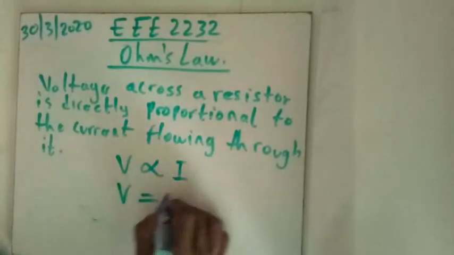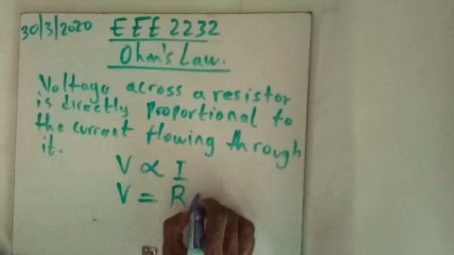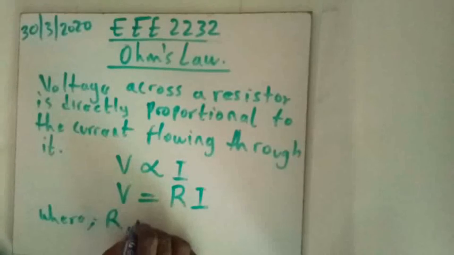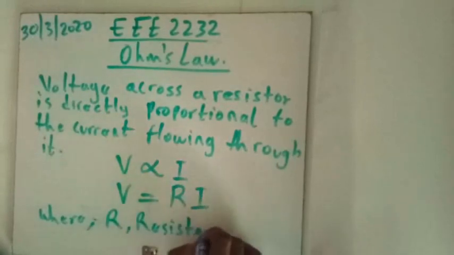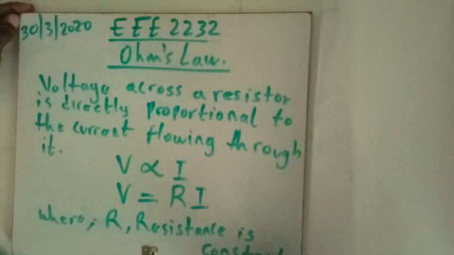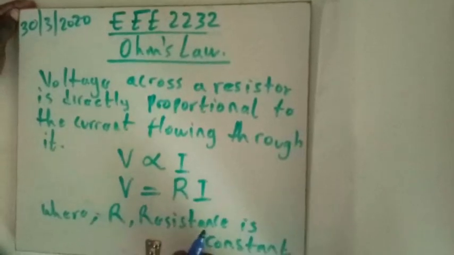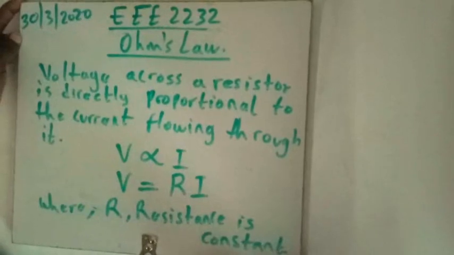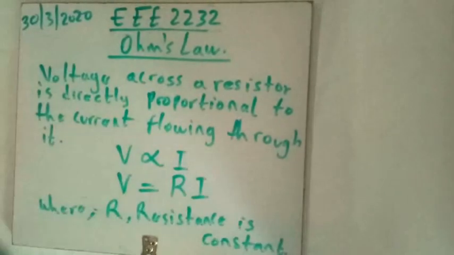In other words, V equals R I, where R is resistance, and the resistance is constant.